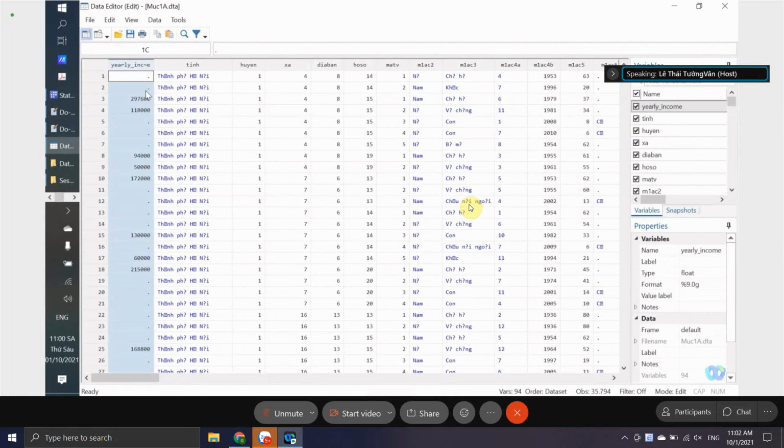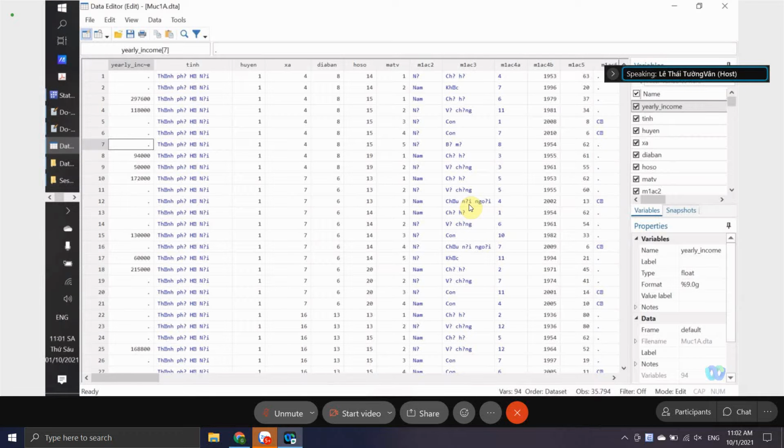Have you all been successful in doing this? Yes? Okay. Now, this is the missing value. When does it happen? When someone is not working, right? Because we have the whole data set about the Vietnamese families, households. So some people who are doing econometrics now actually are not working.